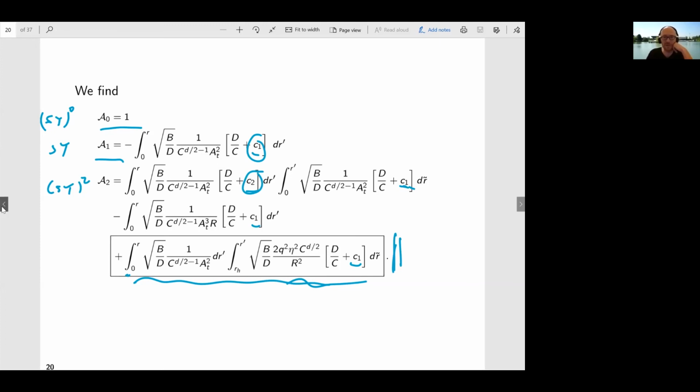Yes, what you find is that you need to fix C2 in terms of C1, and then C1 is actually, I didn't write this, but C1 is fixed to be the CIR. I see. Okay. And that is enough to get a regular solution. Okay, thanks.